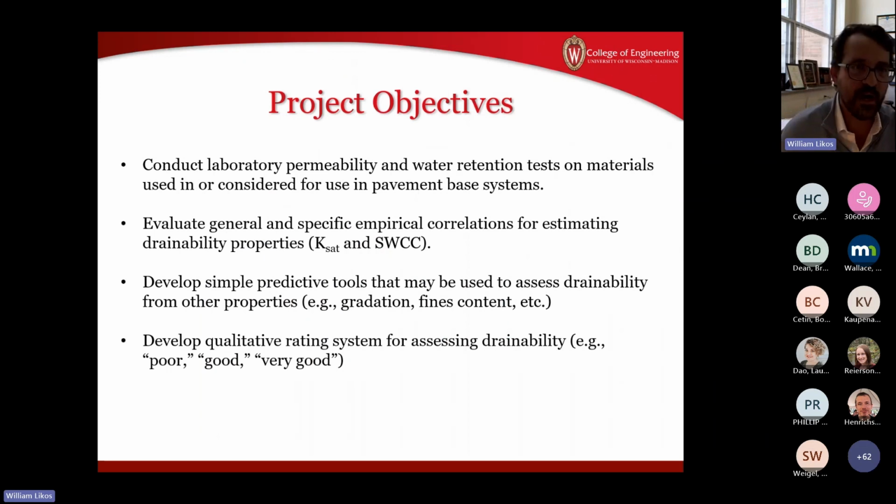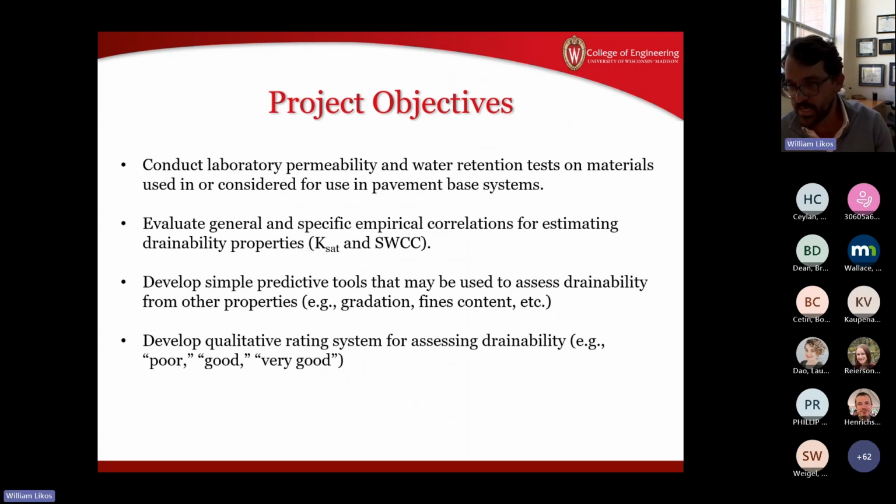So the objectives of this project, this is a primarily laboratory-based project where we conducted permeability and water retention tests on materials submitted by NRRA stakeholders, MnDOT, MoDOT, and Wisconsin DOT, that have been used in or are being considered for use in pavement base systems.